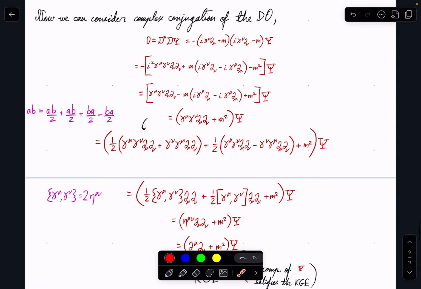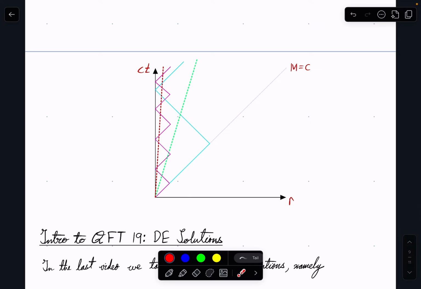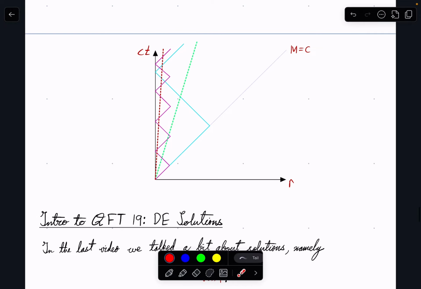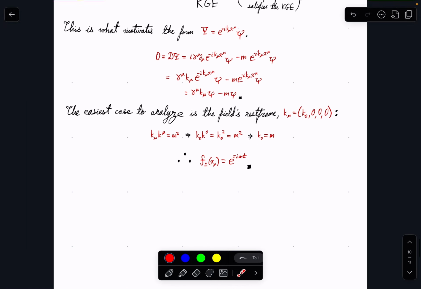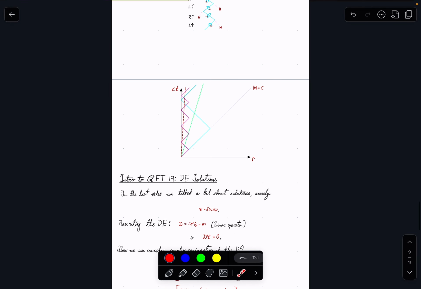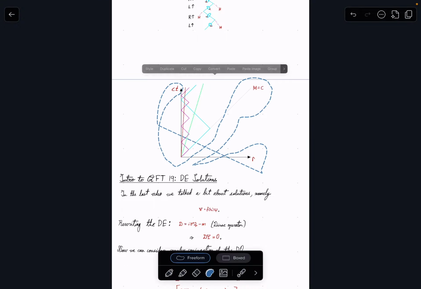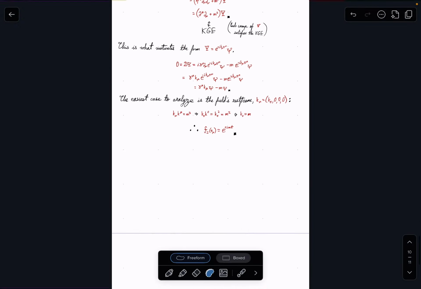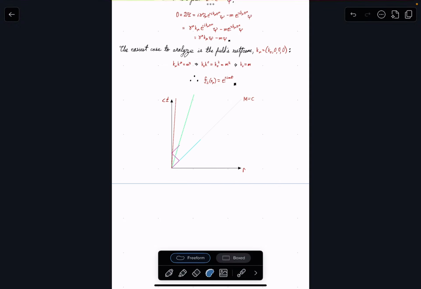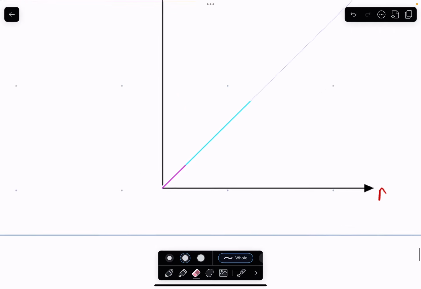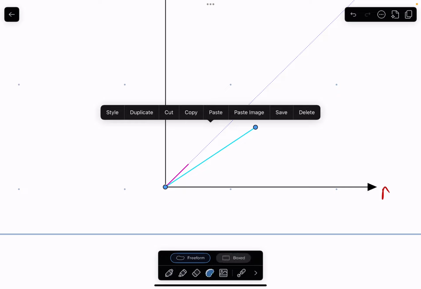So technically the drawings I gave here, which show oscillations going at 90, are technically incorrect. They wouldn't look like this per se. So the best way to draw them would be to copy this, paste it again, and delete that.